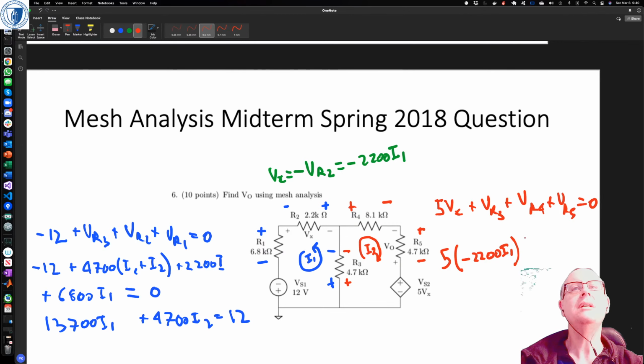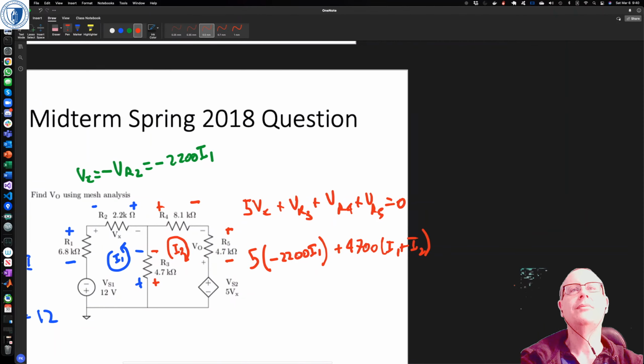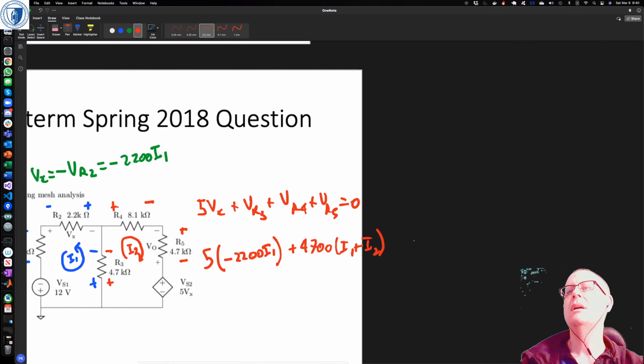Then VR3 is 4700, and again we've got I1 plus I2, and let's just keep scrolling across. 4700 plus 8100 I2 plus 4700 I2 equals 0. And what does that come out to be?